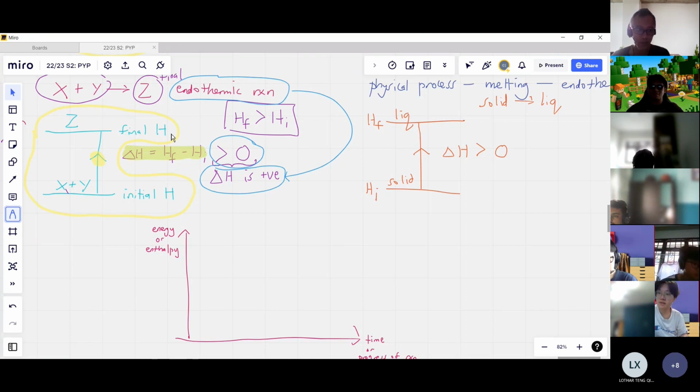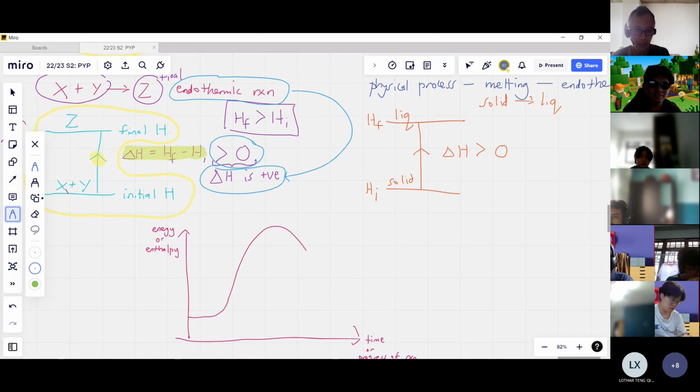Okay, guys, this is how it looks like. Make sure you remember that. This figure here is for an endothermic reaction. Recognize it, remember that you may need to reproduce it.